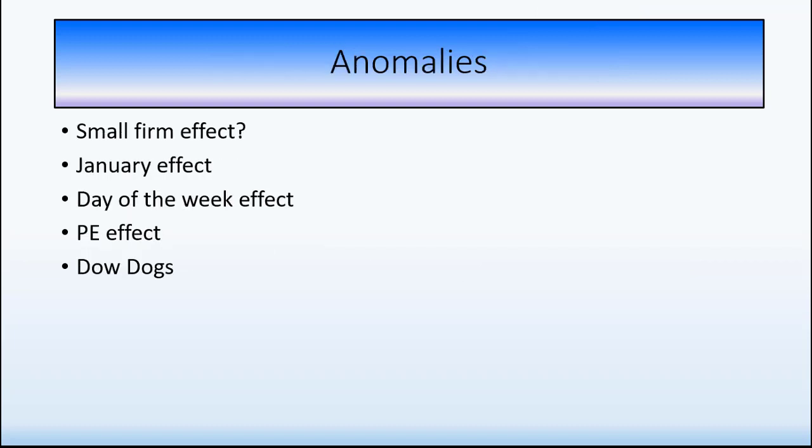The first anomaly is called the small firm effect, and the small firm effect was detected back in the early 1980s, and it basically said small stocks seem to outperform large company stocks, even on a risk-adjusted basis. And that's important because small stocks are obviously riskier than large stocks, so you would expect them to outperform the market.